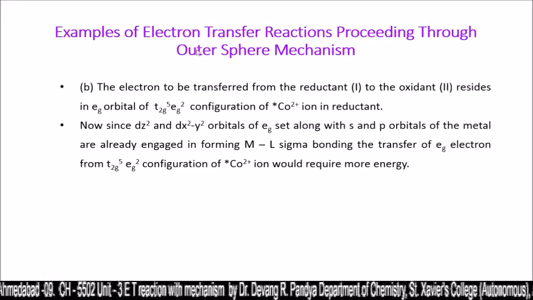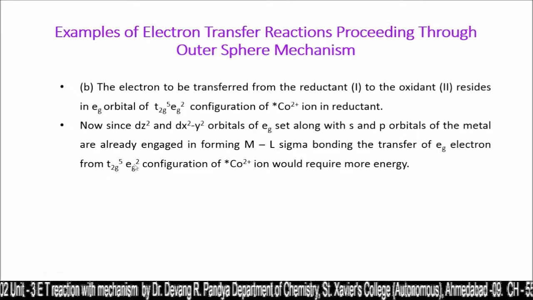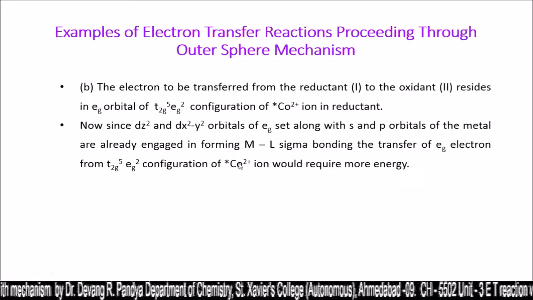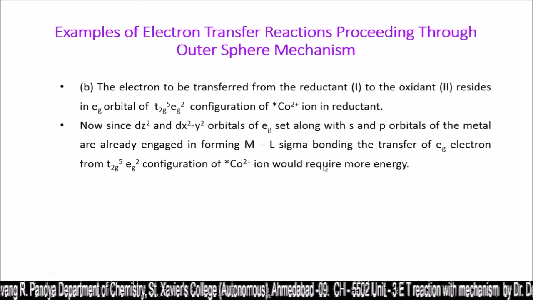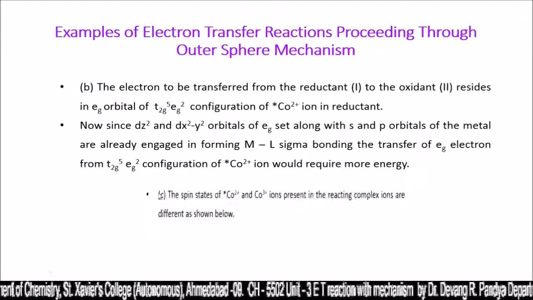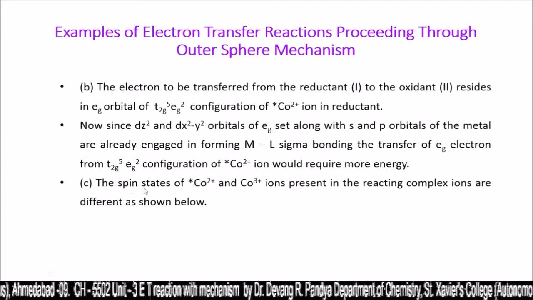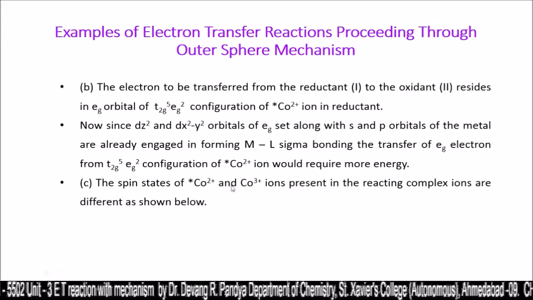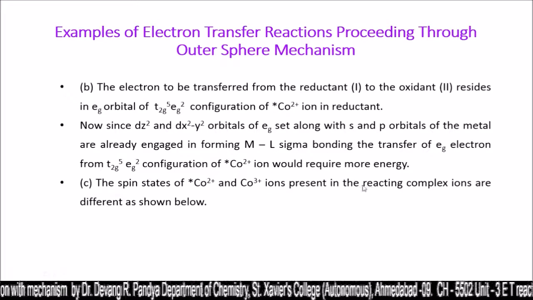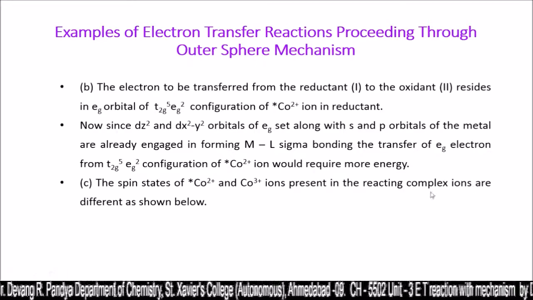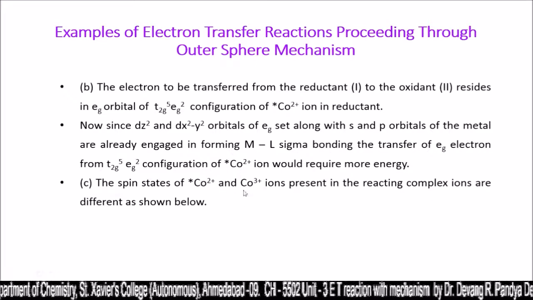The transfer of an Eg electron from the t2g5 eg2 configuration of the cobalt(II) ion would require more energy. And third reason: the spin states of the cobalt(II) and cobalt(III) ions present in the reacting complex ions are different. One is high spin, the other is low spin.